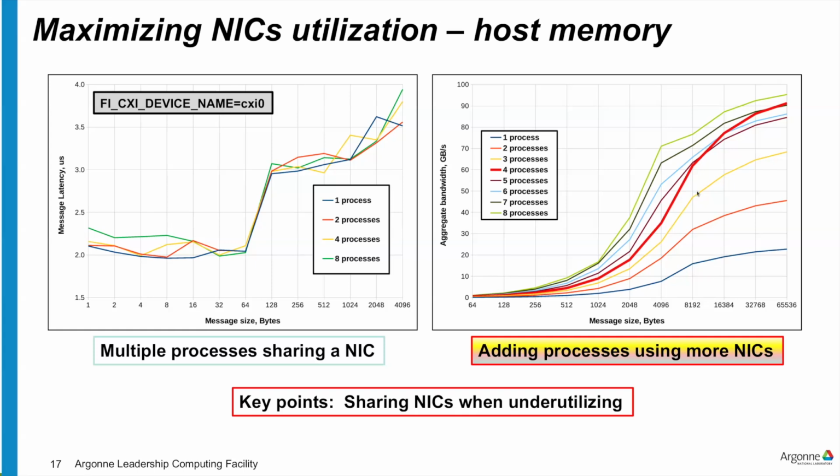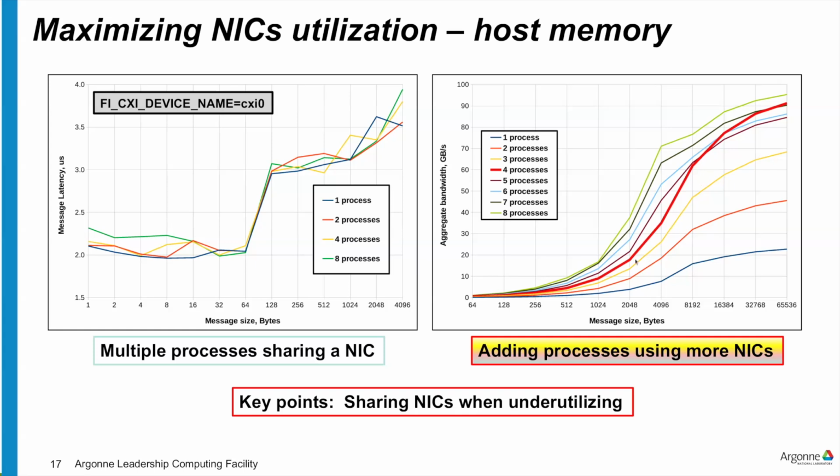When you start placing more than 4 MPI processes, then obviously the NIC will be reused by multiple processes, but the bandwidth will no longer be increasing. And here I wanted to show that it is not always the situation when having more processes actually increases the bandwidth. As you see here, the balance is quite important. If you have 4 MPI processes, you have each MPI process using an individual NIC and not sharing it.